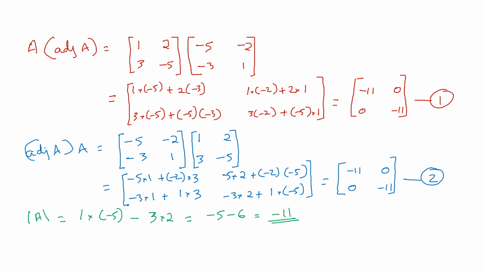Now we want to find the magnitude of A into I2, that is minus 11 into I2, where I2 is a unit matrix of order 2 by 2, that is [1, 0; 0, 1]. When you multiply minus 11 with the unit matrix, you get [minus 11, 0; 0, minus 11]. Okay, this is equation 3.